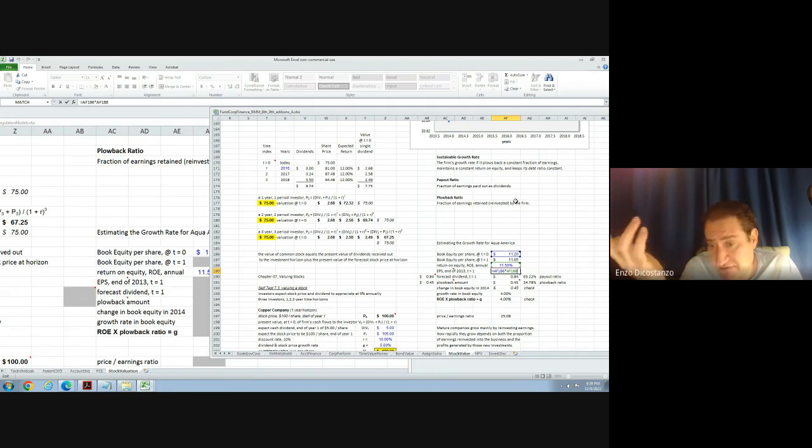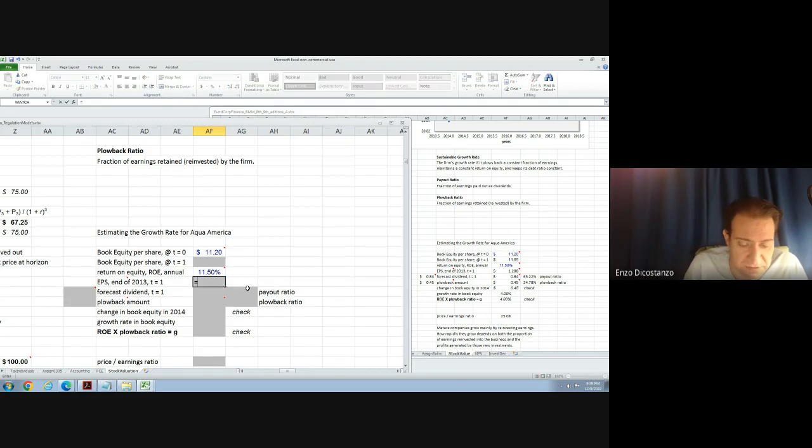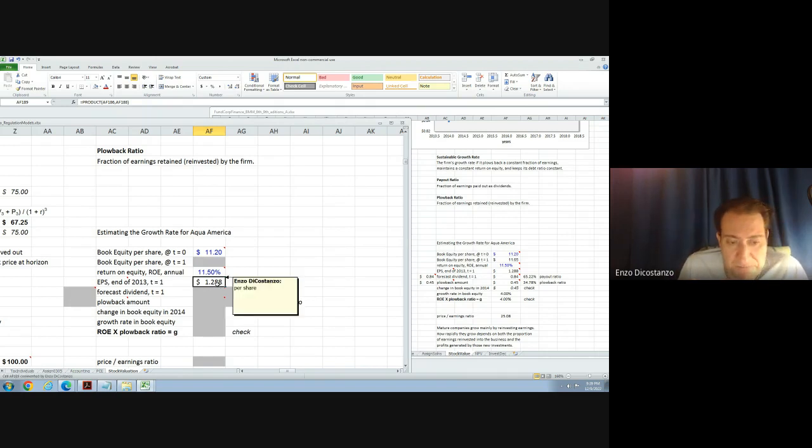That's the return on equity. The equities cancel out, and you're left with earnings per share. So equals product, $1.28 to $1.29. Again, based on what you think your ROE should be.